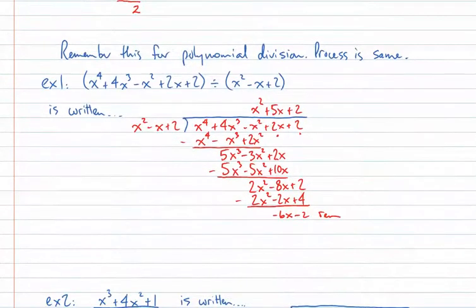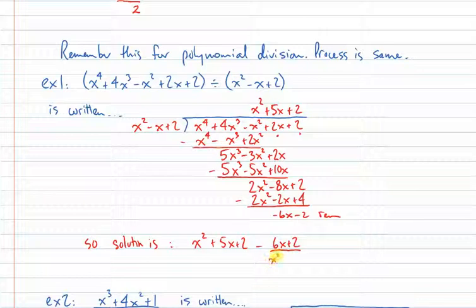So I can say that the solution, or the equivalent statement, is x squared plus 5x plus 2 minus (6x plus 2) over the divisor. Notice how I borrowed the negative and factored it out, and I got my sign wrong there. That needs to be a minus sign. That's one way that we could write the answer.